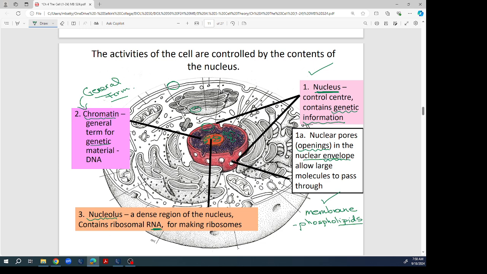You remember those were the two different kinds of nucleic acids that we talked about in chapter 3. Now this nucleolus has the information for making ribosomes. We're going to talk more about ribosomes when we get to the endoplasmic reticulum, specifically the rough endoplasmic reticulum, because this is really that link between genetic material and proteins.